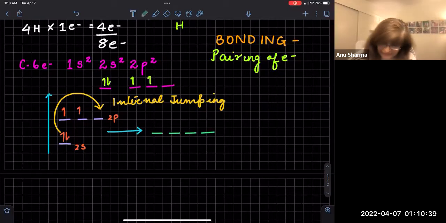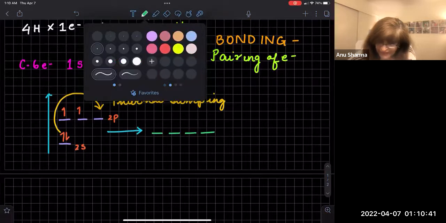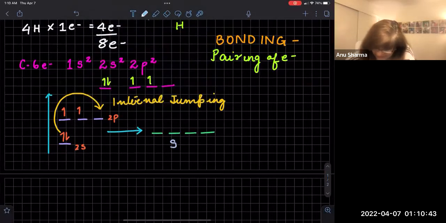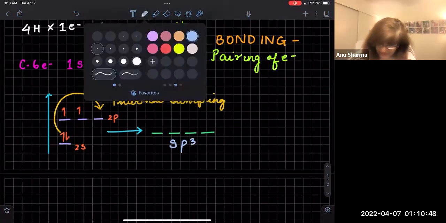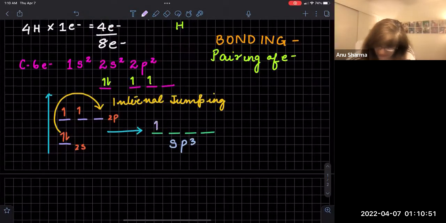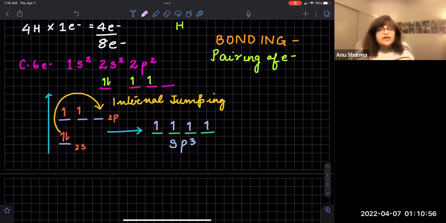So one s has mixed with the three p's, and each of them now has 1 electron, 4 in total. So the electrons spread out between s and p, and each has its own orbital, lower in energy than the p and a little bit higher than the s, but more stable. Okay, so how do they look?